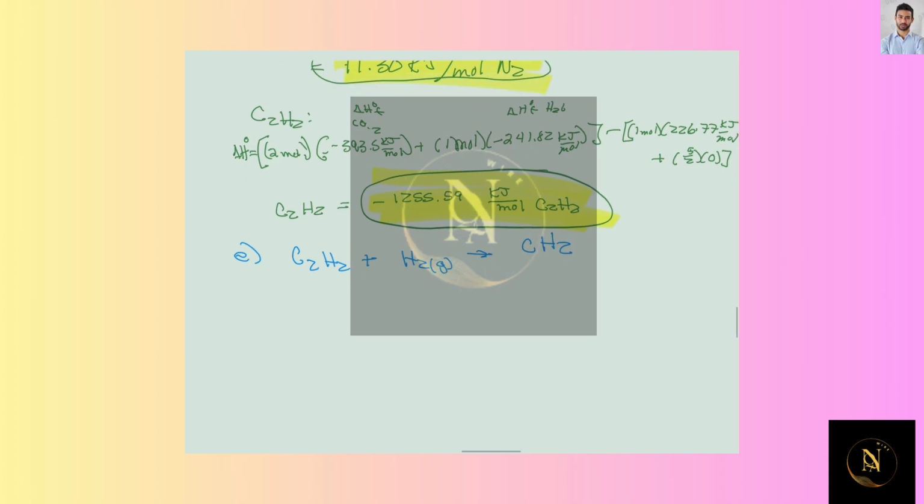Calculate the enthalpy of formation: acetylene plus H2 to form methane, and nitrogen plus H2 to make ammonia.